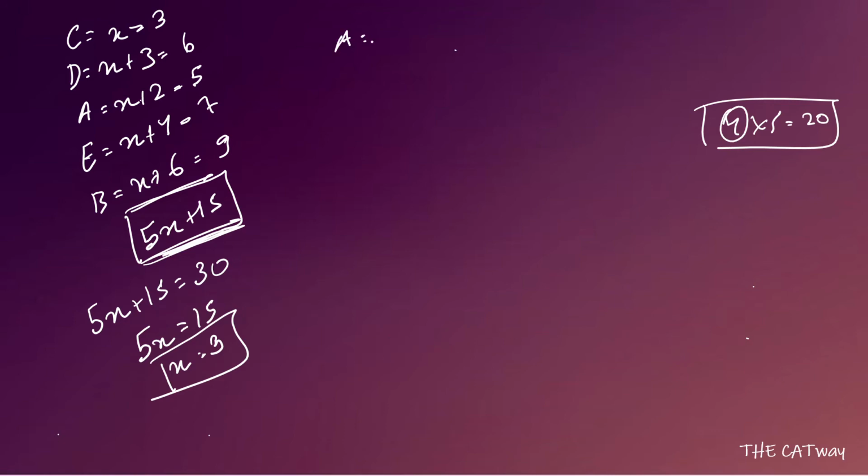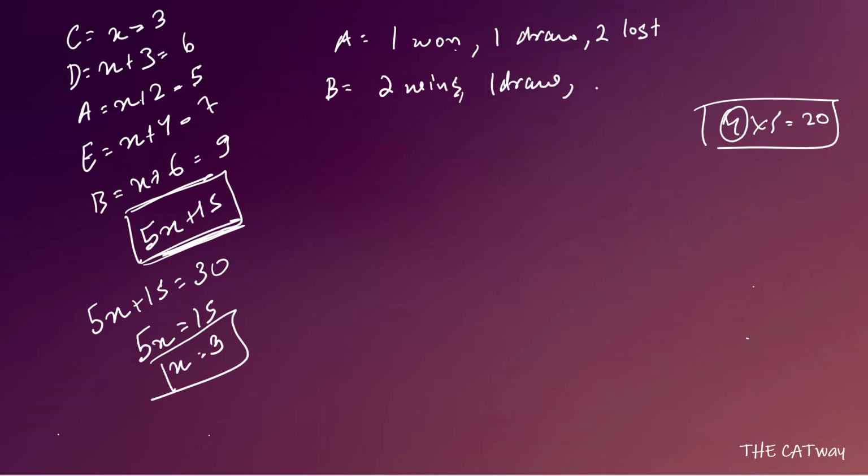So when we are talking about A, since A has 5 points, that means it must have won one match. Okay. One match as a draw and there were 2 lost matches. Okay. Coming to B, B has 2 wins, 1 draw and 1 lost match. Okay.